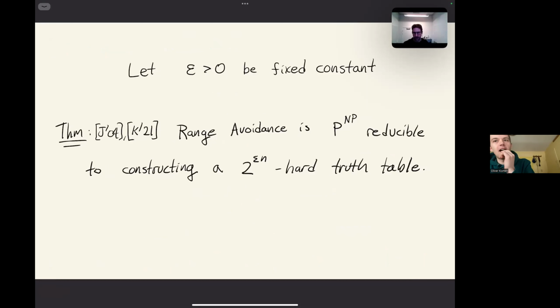So that's what I'll state now, and I will prove this later in the second half, but not right now: if we take epsilon to be any fixed positive constant, then we can reduce the range avoidance problem to the problem of constructing a truth table which has circuit complexity 2 to the epsilon times the number of variables. This theorem is from my paper, K21, but it was also influenced very strongly, and more generally a lot of this work was, by work in proof complexity, specifically bounded arithmetic, by Emil Jeřábek from much earlier.